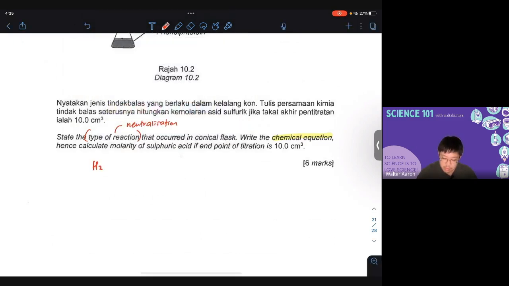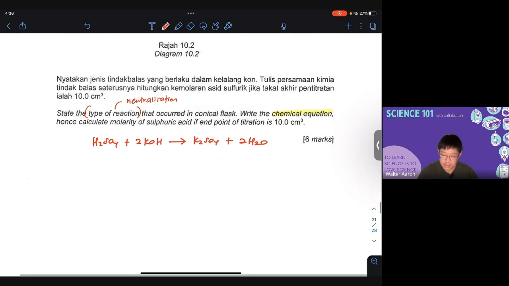So it's H2SO4 plus 2KOH. Okay, let me just rub that off again. Sorry. 2KOH. And you get K2SO4 plus 2H2O. Okay, right now, in terms of the ratio it is a 1:2 ratio.